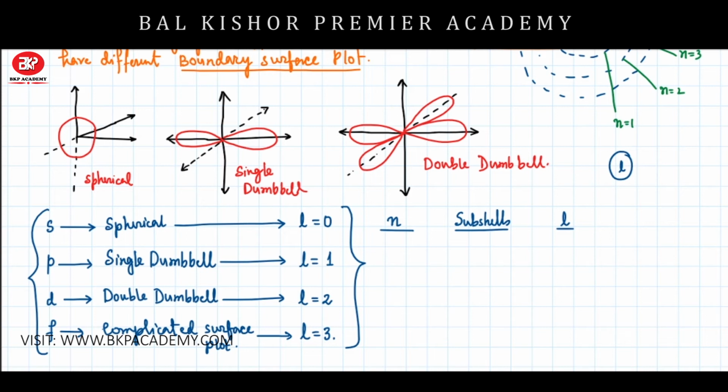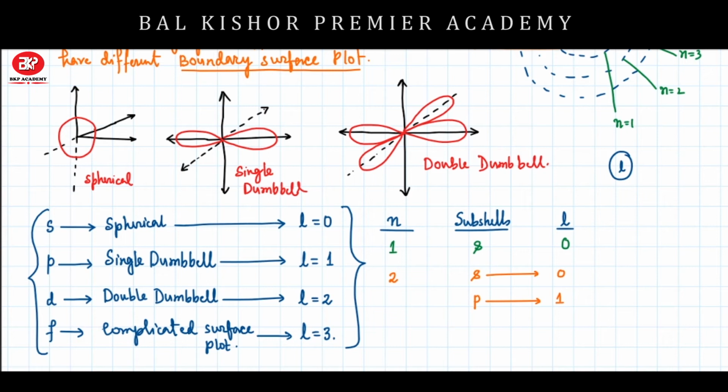Now for n equals 1, that is the first energy level, it contains one subshell only, that is S. So the l value will have only 0. Similarly, for the second energy level, we know there are two subshells. So for S, the l value is 0, and for P, the l value is 1.